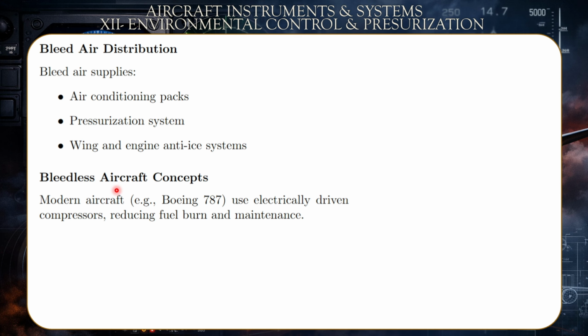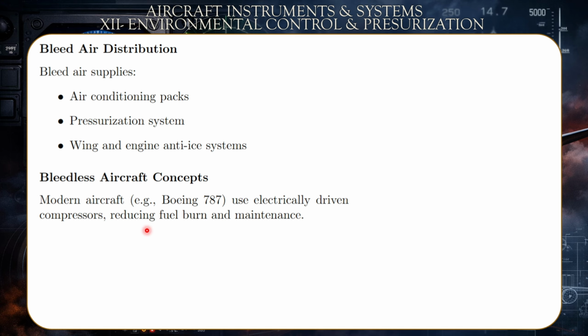Okay, bleedless aircraft concepts. Modern aircraft, like the Boeing 787 Dreamliner, use electrically driven compressors, reducing fuel burn and maintenance, which is very important. Okay, so it uses electrically driven compressors to lower the fuel consumption rate.